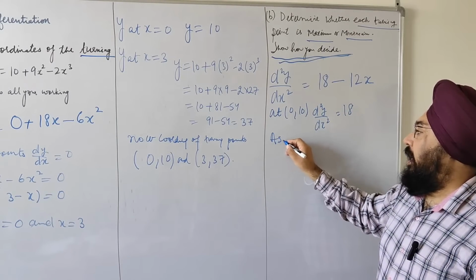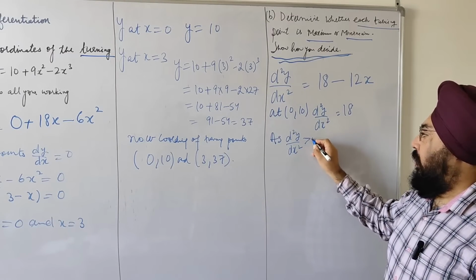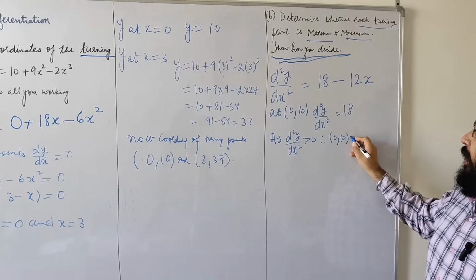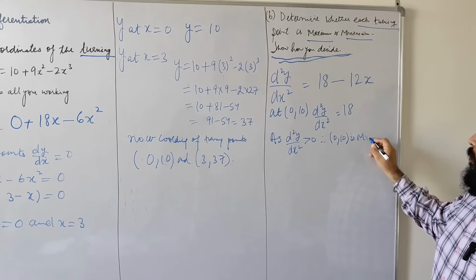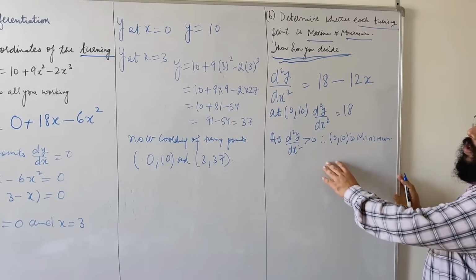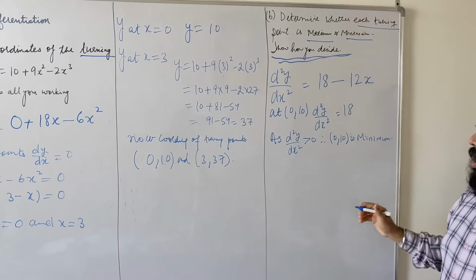Now as d2y by dx square is positive, therefore point 0, 10 is minimum. This is very important. We have to write, show how we decided.